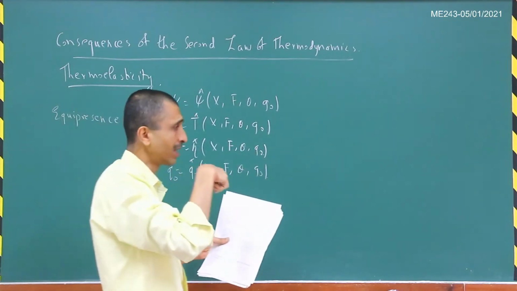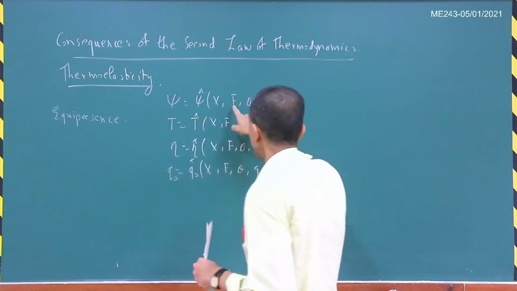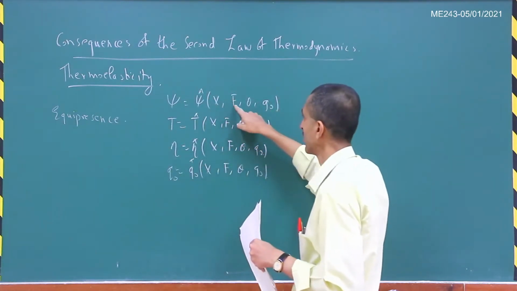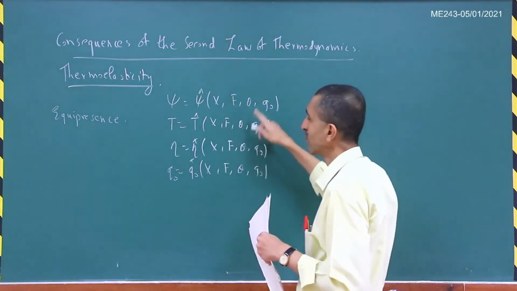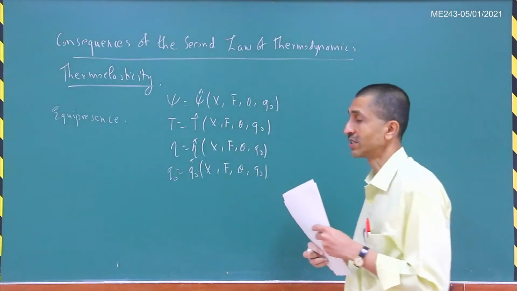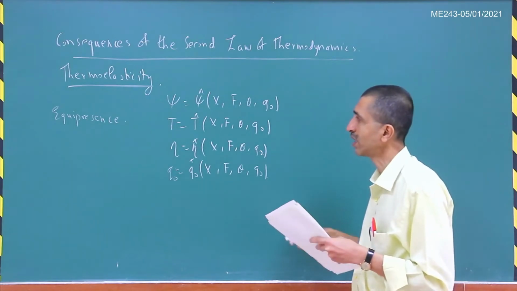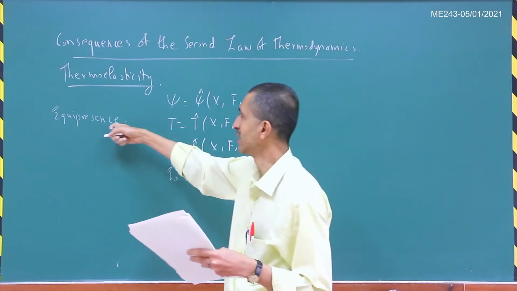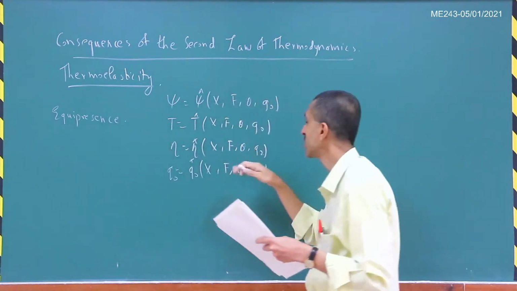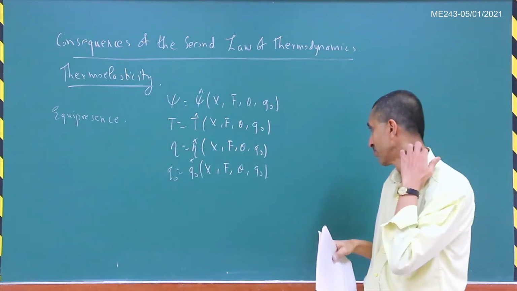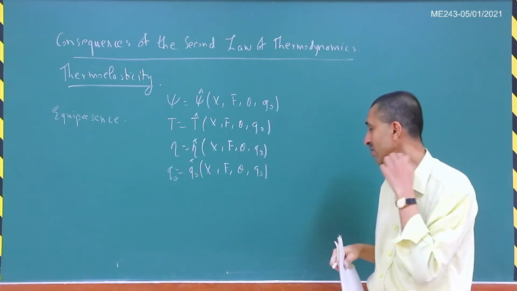So you can see that our kinematical list is x, F, theta, g naught, and that list is the same for all the other constitutive relations as well. So this is what we call the principle of equipresence. That means the same kinematical variables are present in all the constitutive relations here.